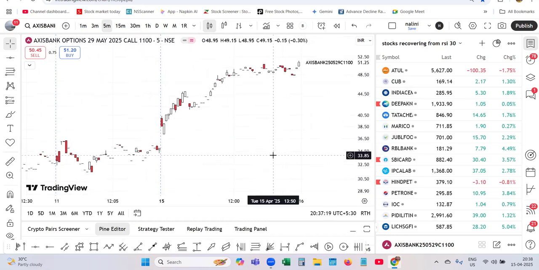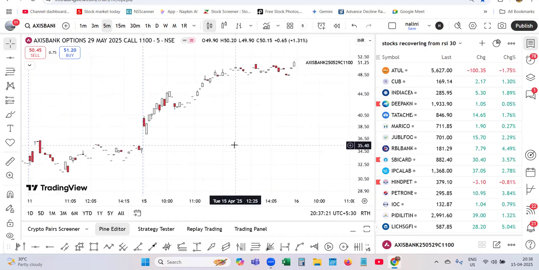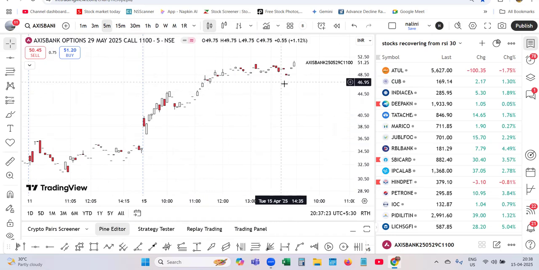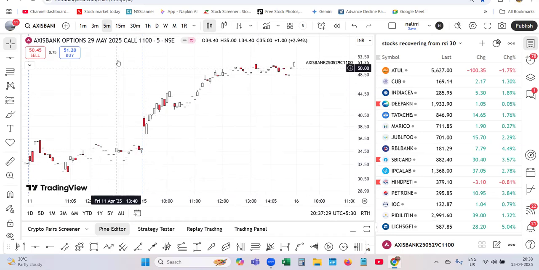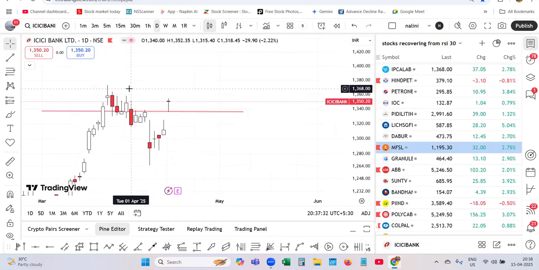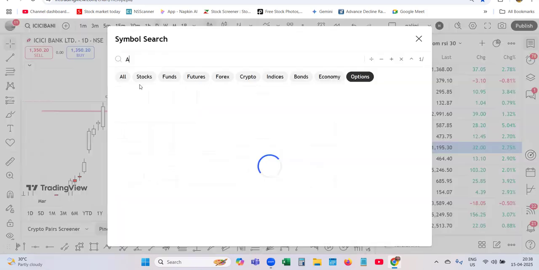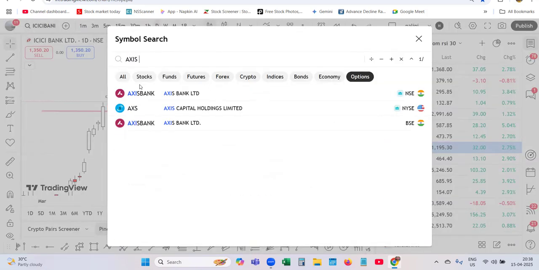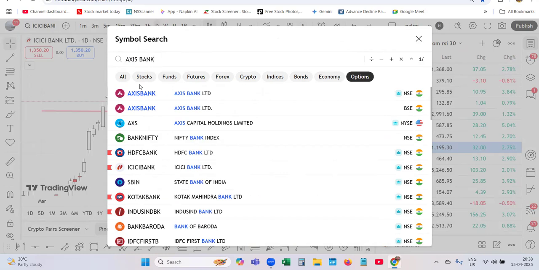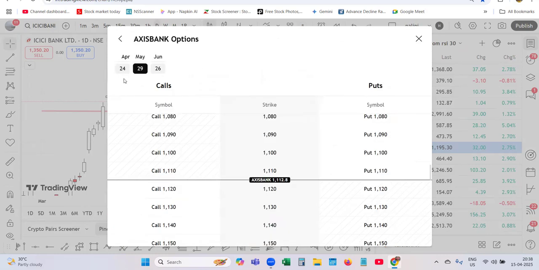You can see it opened, in between there is no liquidity. Even then you could have traded, because in the underlying, we can even go to the call option because it's not very costly.